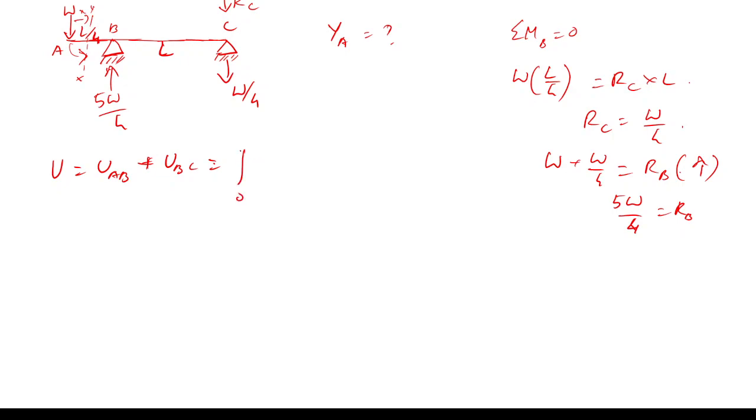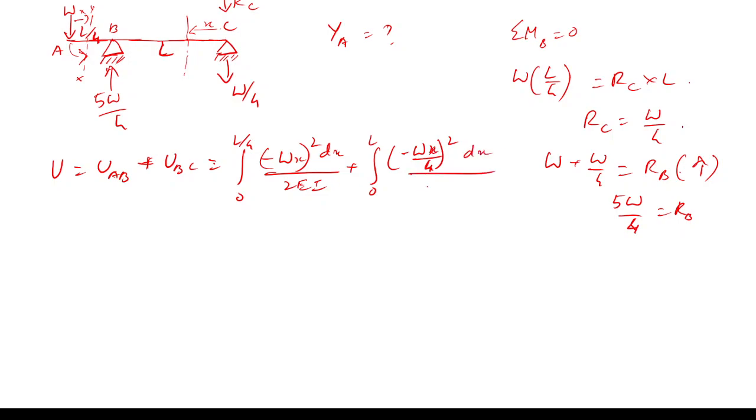So it should be integral 0 to L by 4 of (minus W into x) whole squared dx divided by 2EI, plus integral 0 to L. Here, from which side can I take x? From the C side. So it will be clockwise, so again it is negative. Here negative doesn't matter, but for the bending moment equation, I'm writing it: (W by 4 into x) squared dx divided by 2EI.